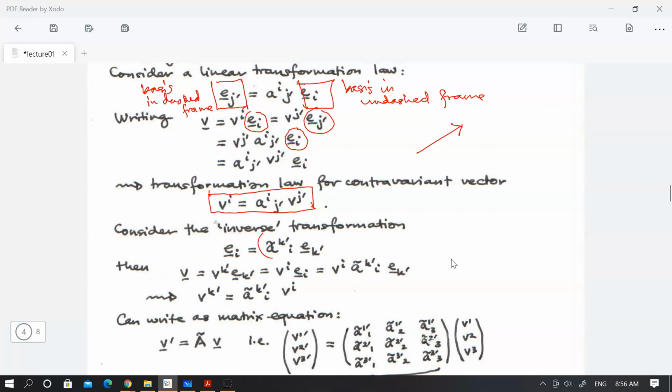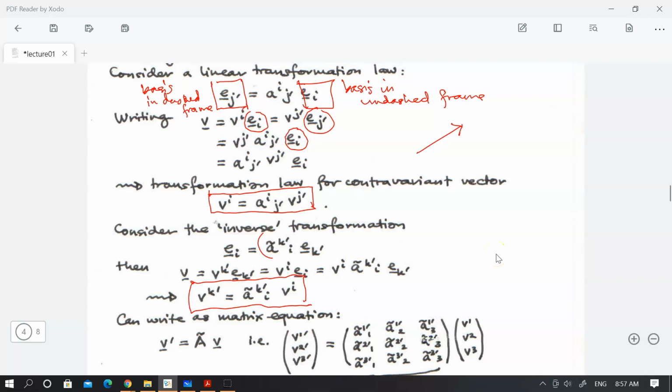Then you'll be able to see that the components of the vectors will change according to this inverse transformation. And so here you can compare with that above. Here using this matrix Aij dash, the dummy index is J dash. Here the dummy index is your I.